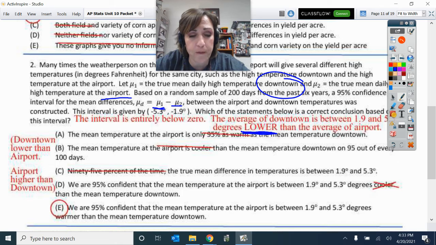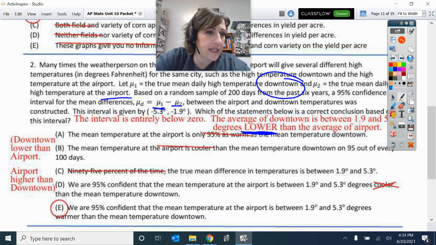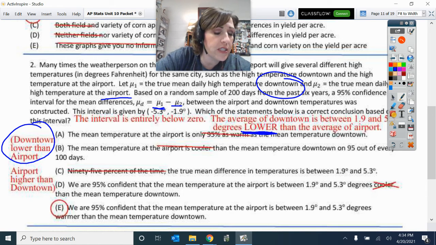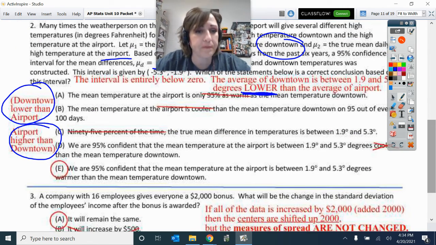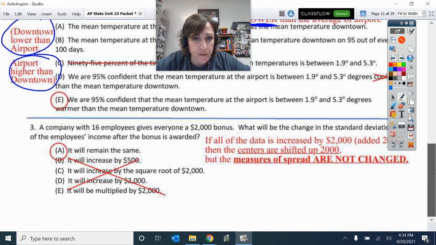Downtown is lower than the airport, but the way they worded it was the airport is higher. So either one of those, it's the same. So we're 95% confident that the average temperature at the airport is between 1.9 and 5.3 degrees warmer. Airport's warmer.